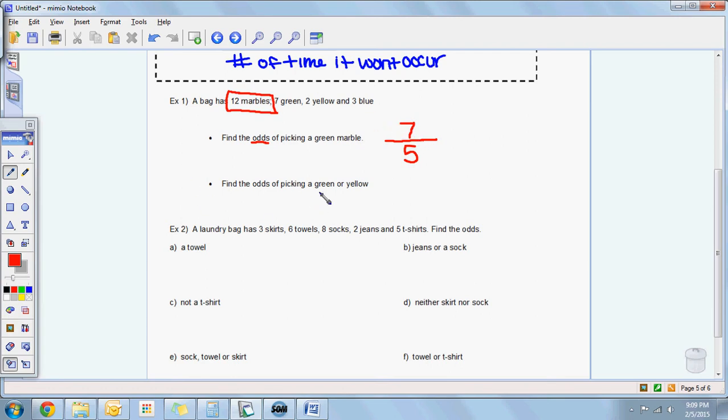Alright, so the next example says, find the odds of picking a green or a yellow. So we've got a key word here. Remember, whenever you see or, you're going to add those together. So how many green or yellows do we have? We have 7 green plus 2 yellows, so we have 9 total where it can occur.